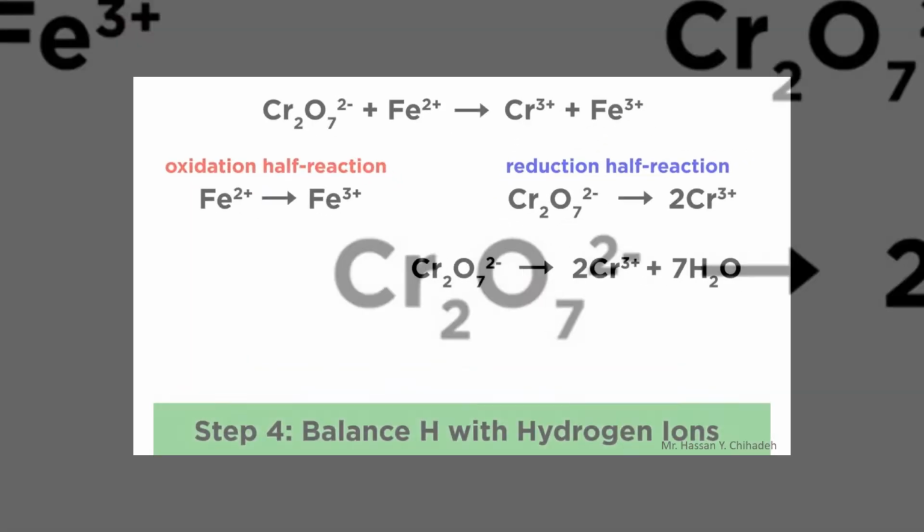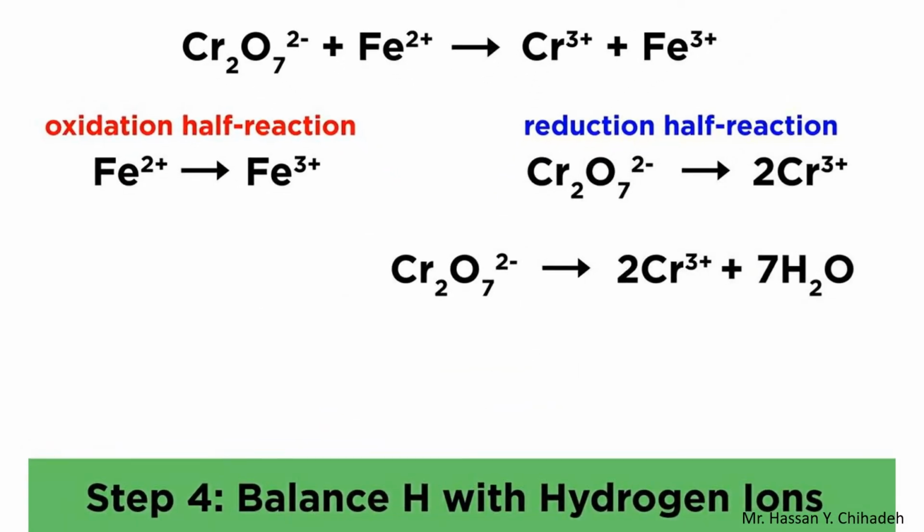Now, let's move to step 4, where we have to balance the hydrogen atoms by adding hydrogen ions wherever needed. Since there are 14 hydrogen atoms on the right hand side of the reduction half reaction, then we have to add 14 hydrogen ions H+ on the left hand side of the half reaction.